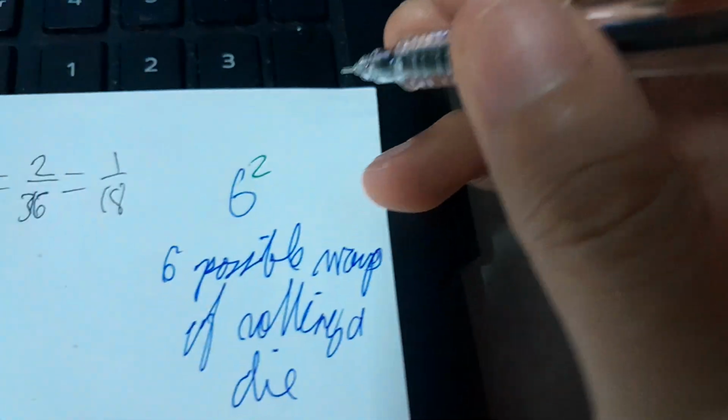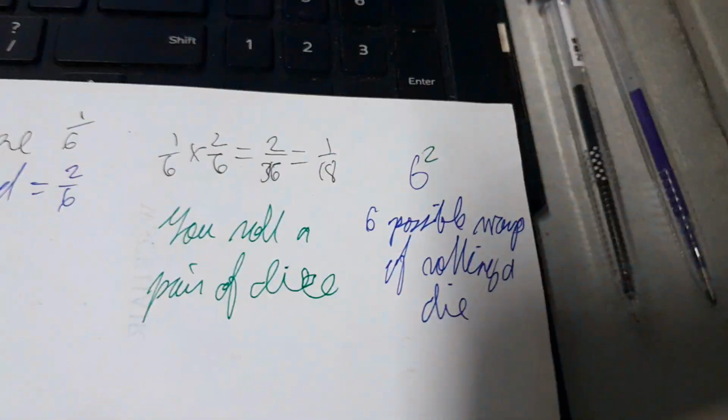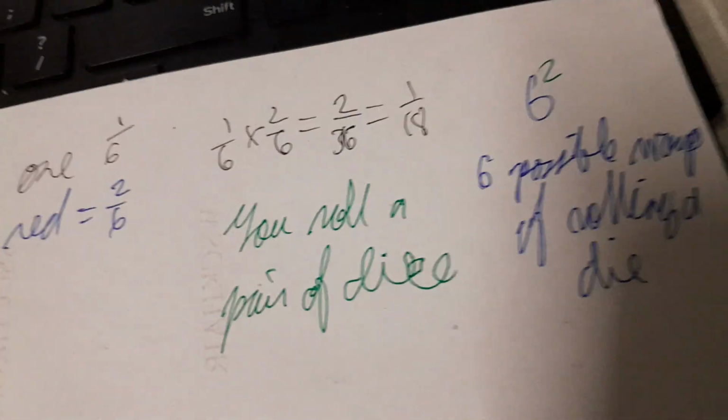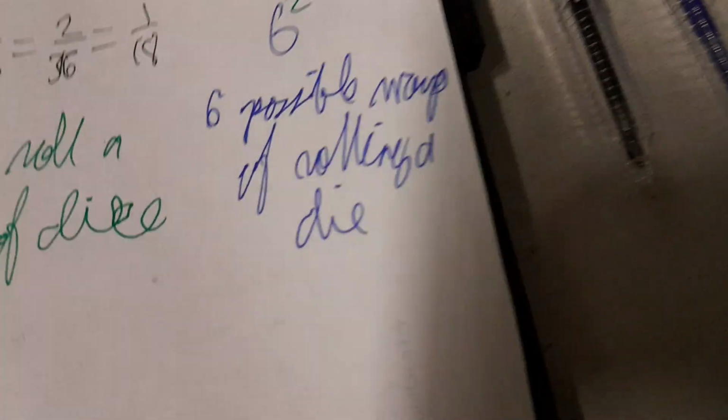But the exponent is 2. Why 2? Because you roll a pair of dice, 2 dice rolled at the same time. So when you roll 2 dice at the same time, you're supposed to get 36 outcomes.